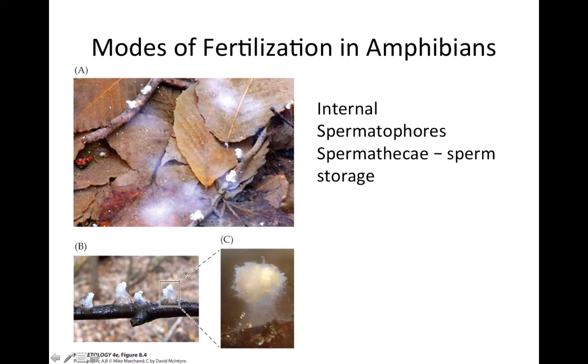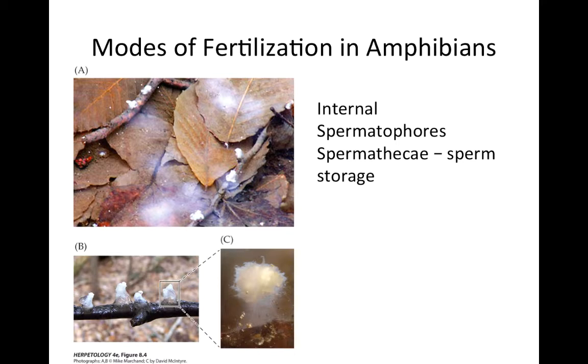And then there will be a cap, and this cap is basically where the sperm are stored in the spermatophore. What will happen is a female will come and she will place her cloaca over the spermatophore. In some cases she does this on her own. In other cases she's guided to the spermatophore by the male, and she will plop her cloaca down on top of the spermatophore, open up the cloacal opening, and suck the spermatophore in.